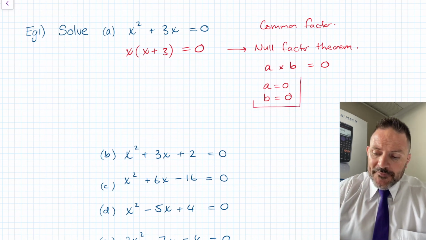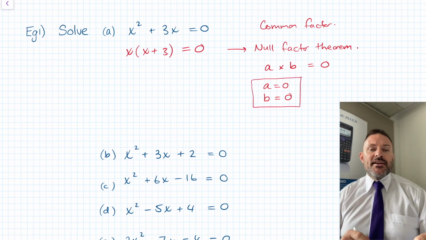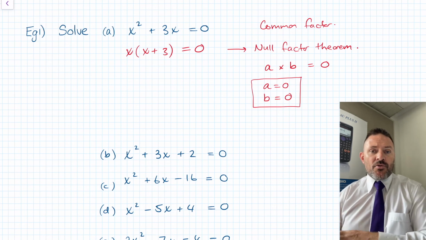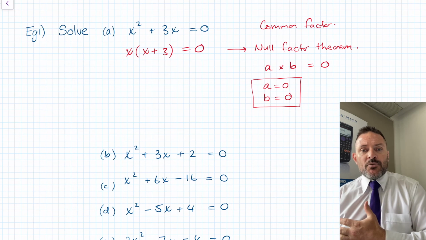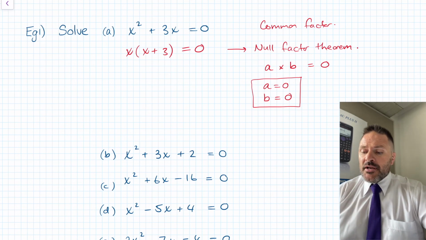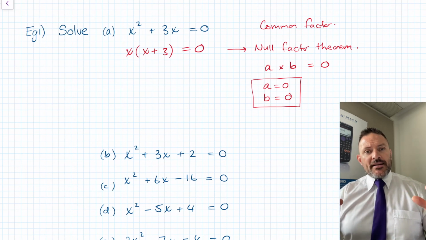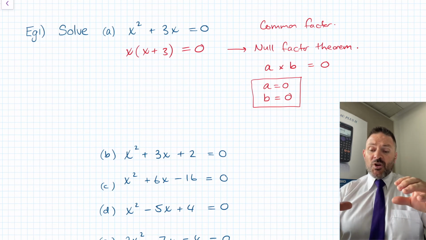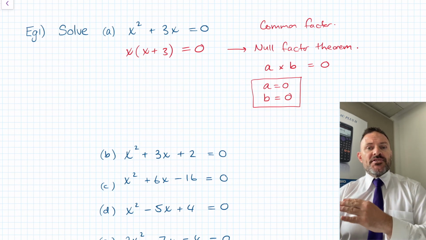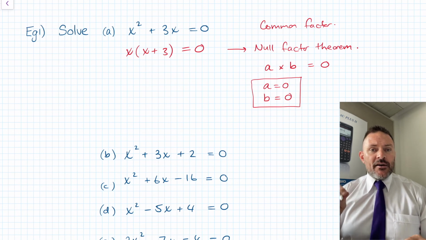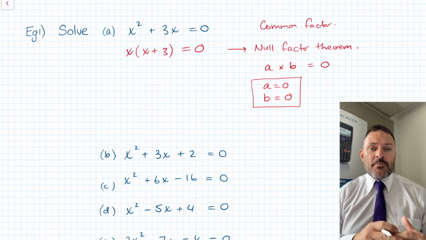And so we have 2 solutions that might make this equation correct. A must equal 0 or b must equal 0. And so that's really important, right? Because if we can create some type of equation where we have a product of 2 terms and the answer equals 0, we can use that null factor theorem to find what those values are going to be.